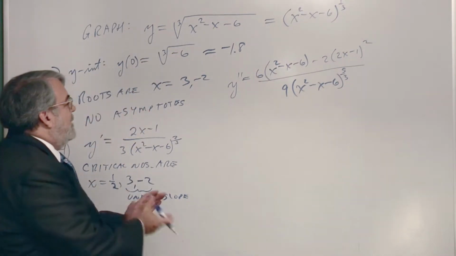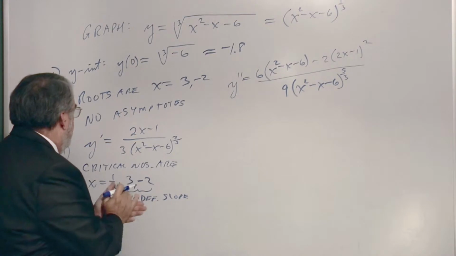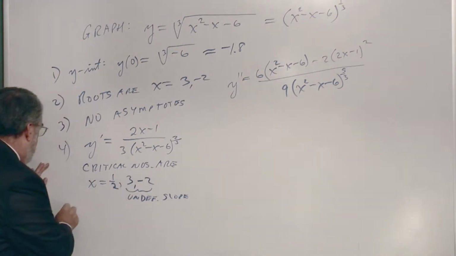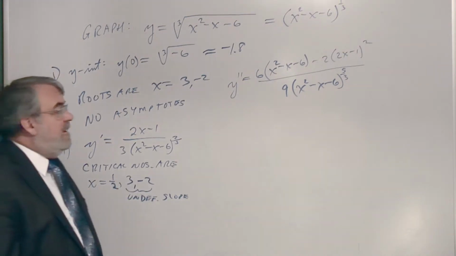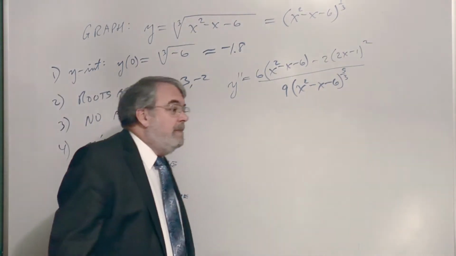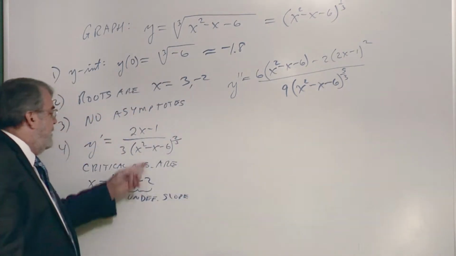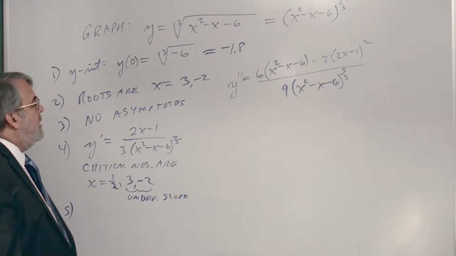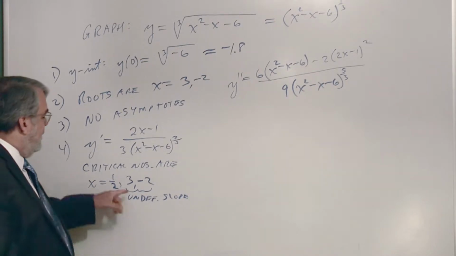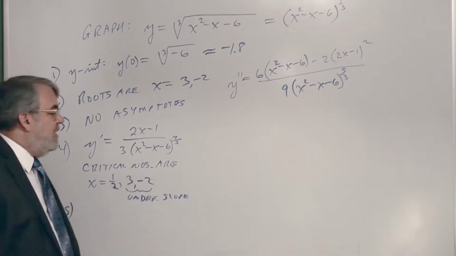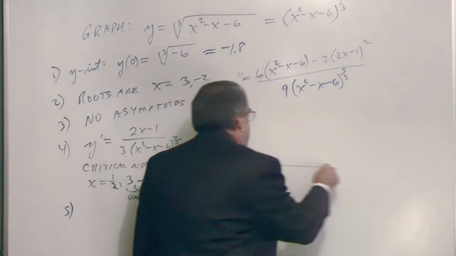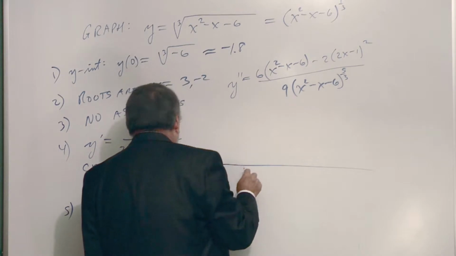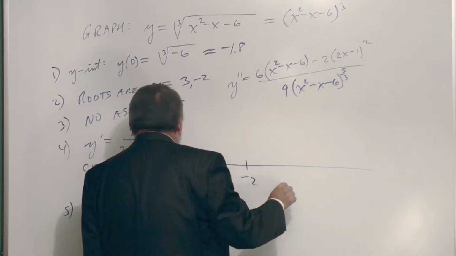All right. Well, let's talk about this. For the second derivative, there is division by 0 down here, and there's division by 0 here, but I'm not going to worry about it, because these are interesting points. So we set up our number line to look at the interesting points.